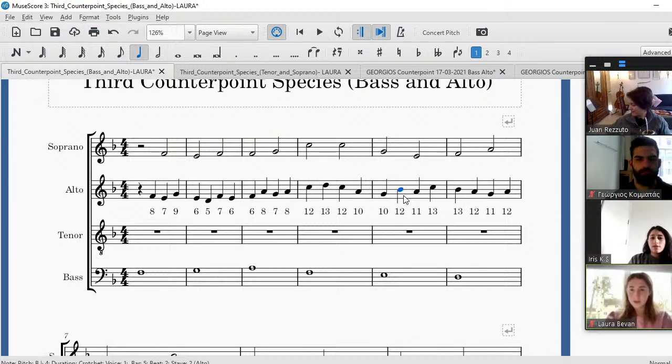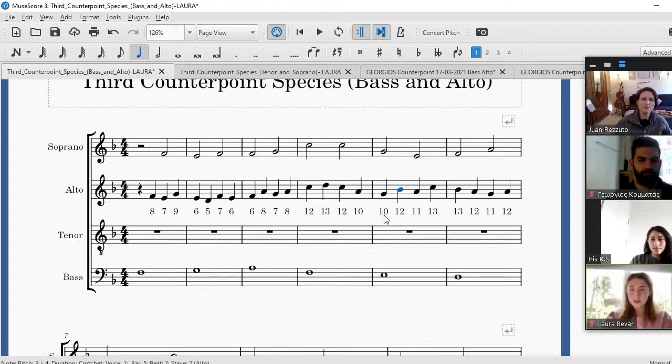I would change it. Very good, very wise. Why would you change it? What's the problem with the fifth? Because it's diminished. Exactly.